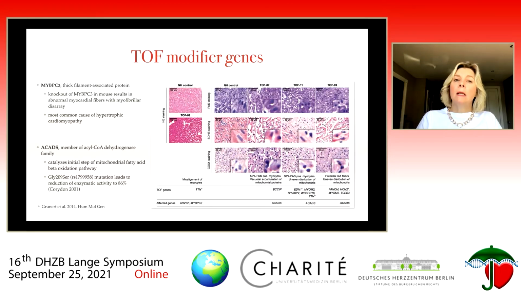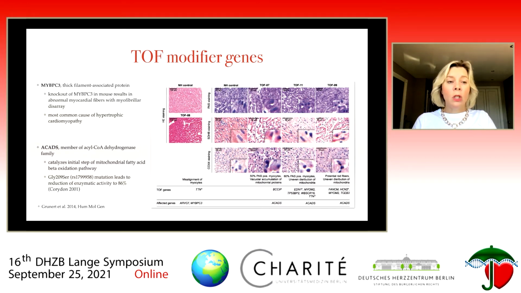Besides having this clear affection of genes which, in the best case, are missense mutations and lead to non-normal pathologic proteins, there are also modifier genes which might be affected in a far broader patient population and even partially in the normal healthy population in general, but in combination with affection of particular TOF genes, they are then triggering the phenotype.